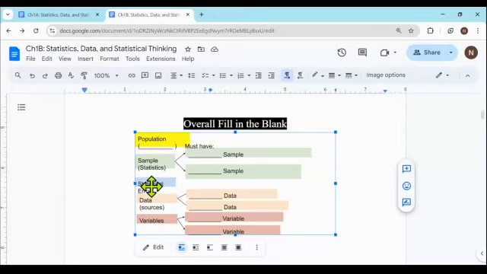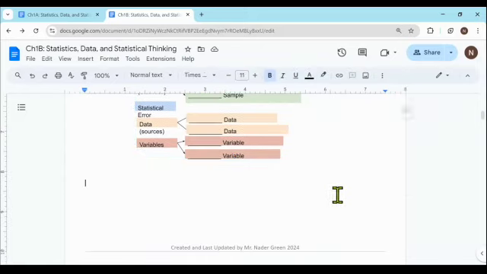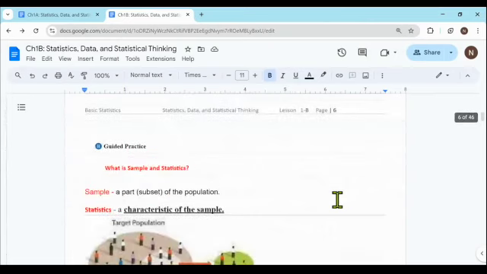And statistical error, it's just written there. Data sources. We have two types of data. What are the two types? We have primary and secondary. Variables. We have two different variables for quantitative. What are the two? Right. Good. So you write the things here. Let's move on to the next one.